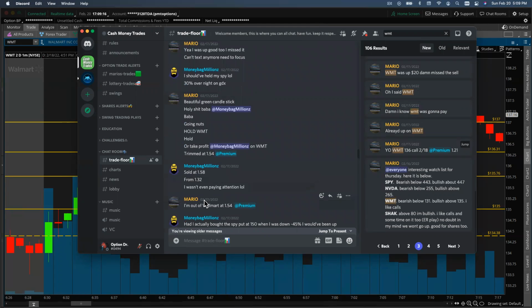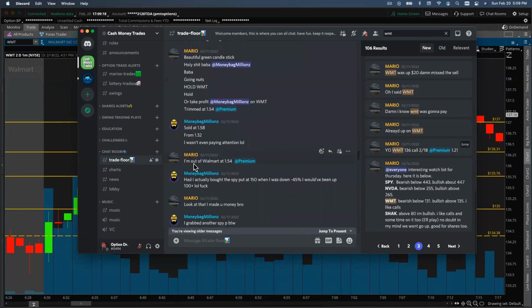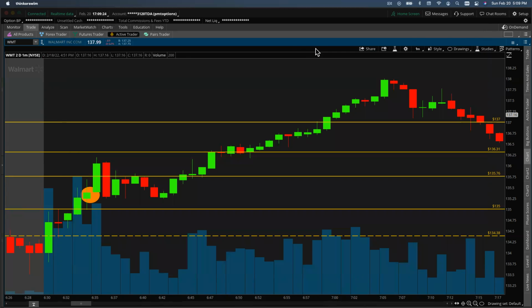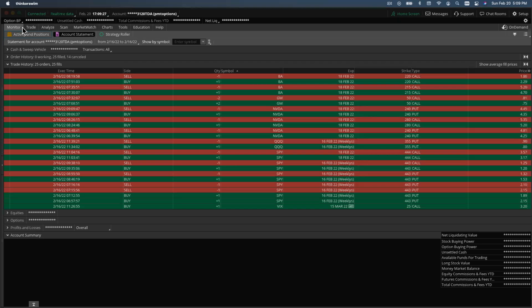Yep, it's right here. I said I'm out of Walmart at 1.54. I can't really see what time I alerted the exit at, but I'm just gonna go in my trades.